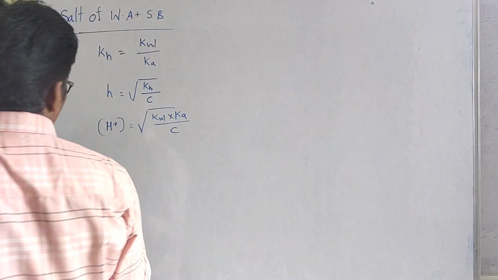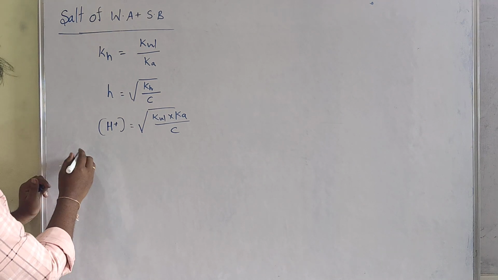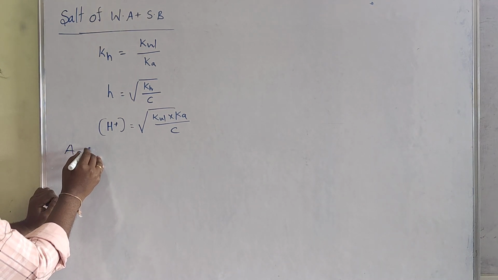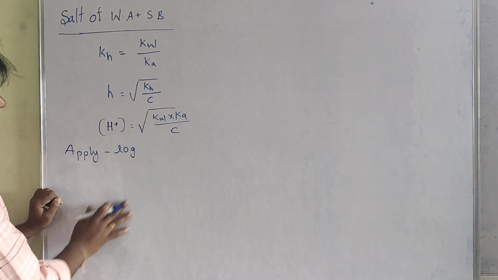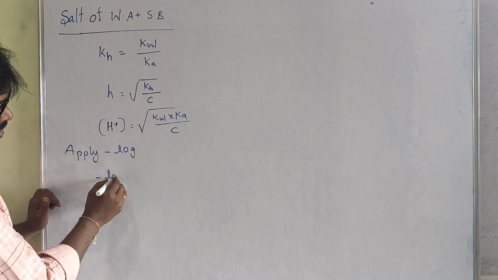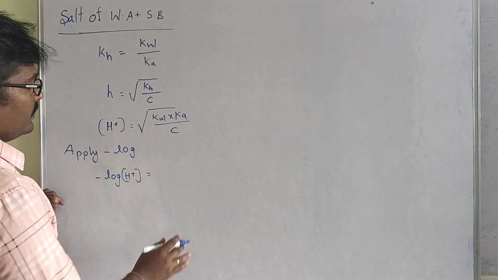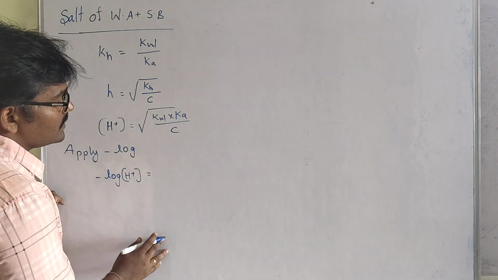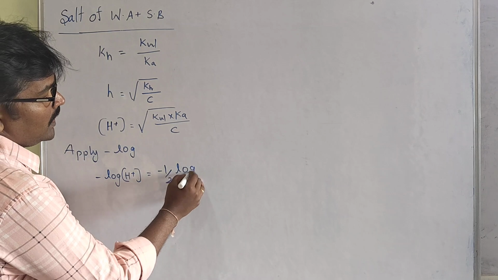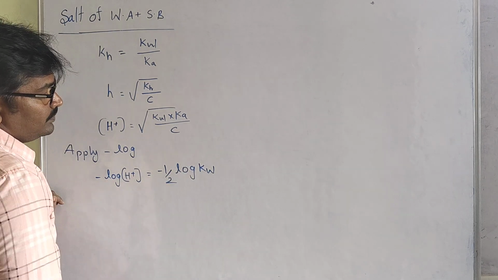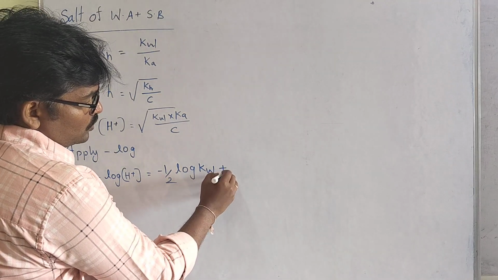It is equal to the square root of Kw into Ka divided by C. If we apply negative log on both sides, then minus log H plus ion concentration is equal to minus 1 by 2 into log Kw into Ka, so you have to take plus.